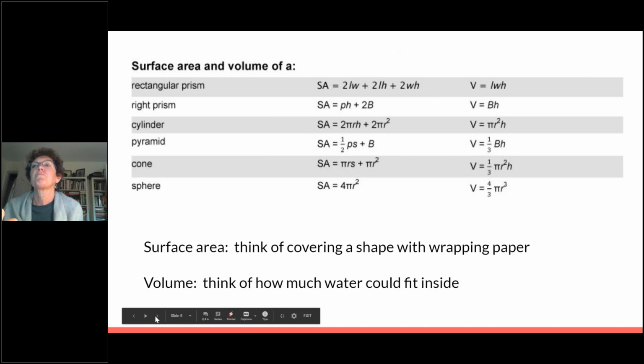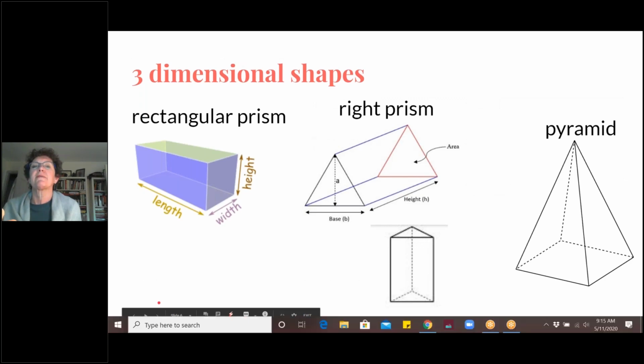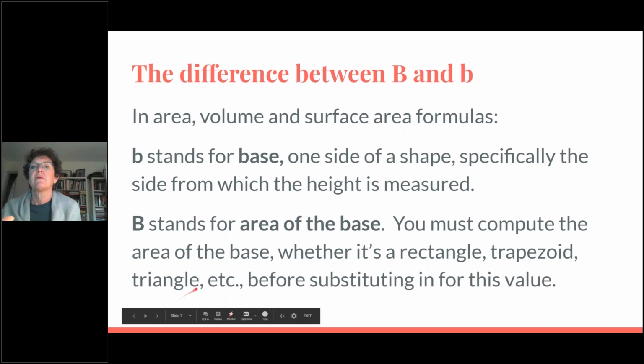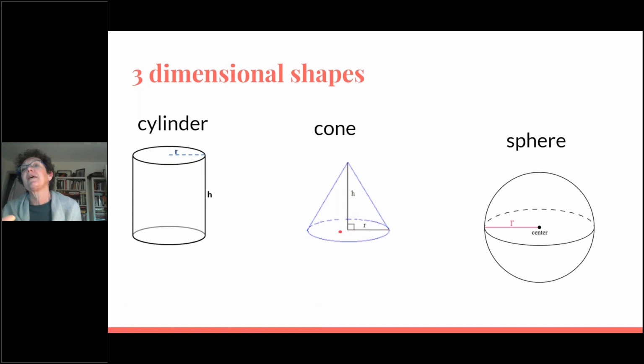Is that 1/3 times pi times r squared times height? So if we were looking at this cone, let's just say this radius was 9 and this height was 15.